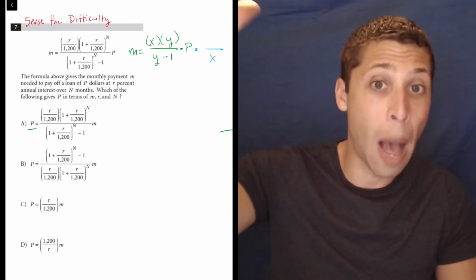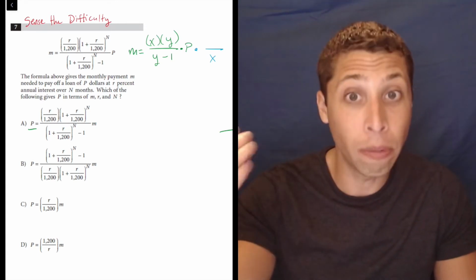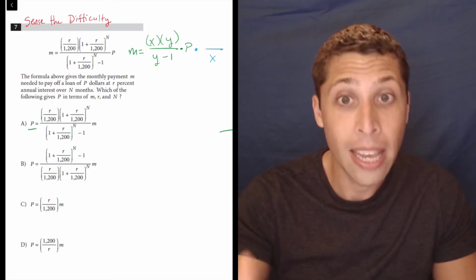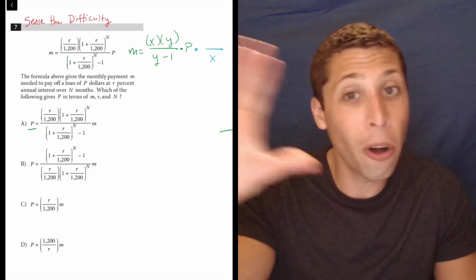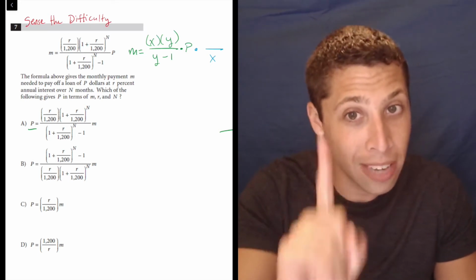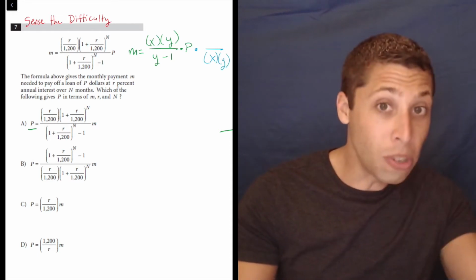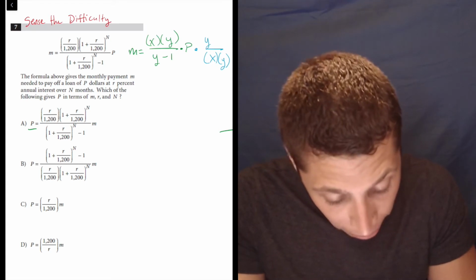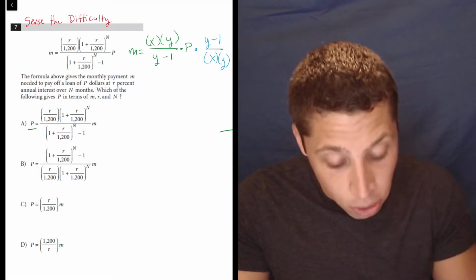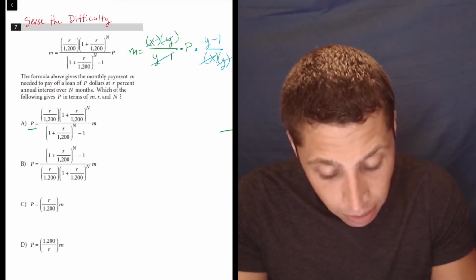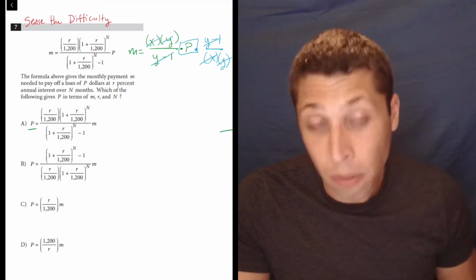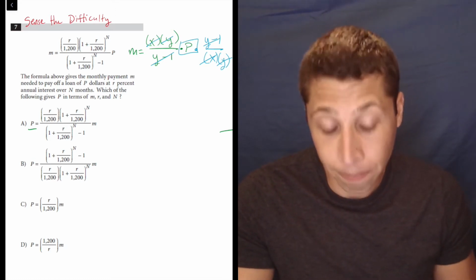Because if something is on the top of a fraction and on the bottom, then we can reduce it. So the reciprocal is our way of getting rid of all the fractiony stuff in one step, because it takes the stuff on the top and moves it to the bottom, and the stuff on the bottom and moves it to the top. And when I do that, everything cancels out as it should, leaving me with just the P left.